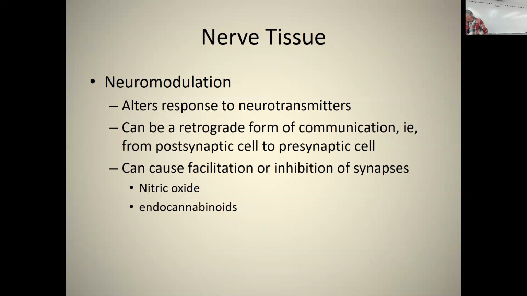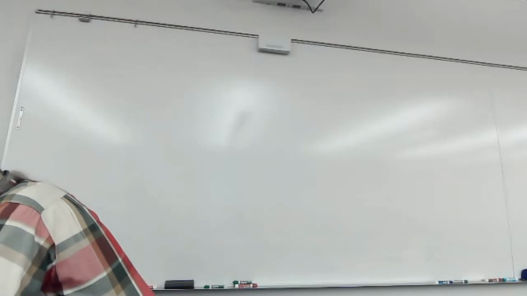And then we're going to talk more about neuromodulation. So I'm going to hold that off until the next video. So I'm going to stop this one. So this is 203 nerve 3, and then we'll finish up the chapter with the next video. All right.